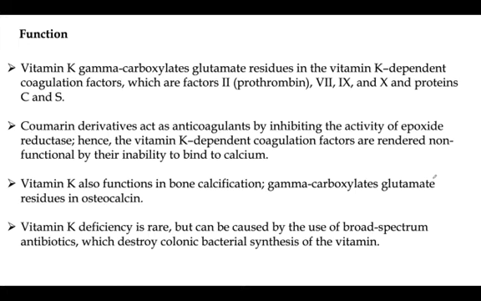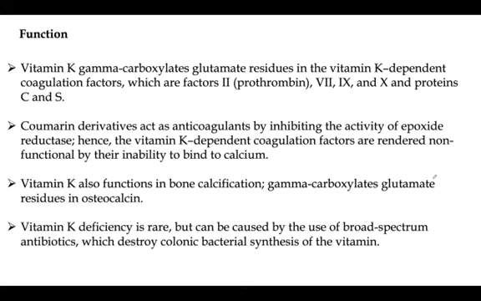So let us try to quickly look at the function. The most important function of vitamin K is that it facilitates carboxylation, or more precisely gamma carboxylation, of glutamic acid residues. And you know that gamma carboxylation is an important event that is required especially for coagulation factors prothrombin, factor 7, factor 9, factor 10 and proteins C and S, because gamma carboxylation of these coagulation factors allows them to bind to calcium.